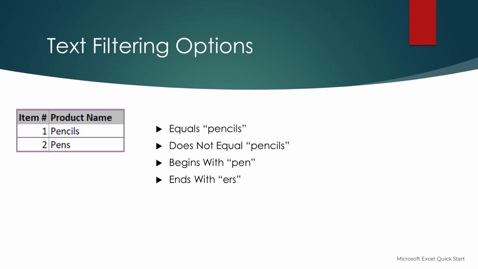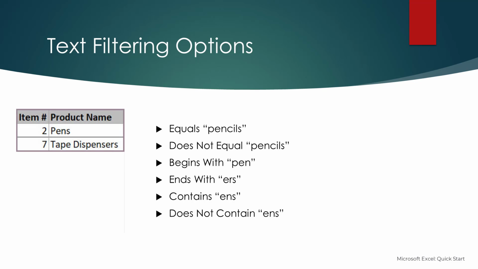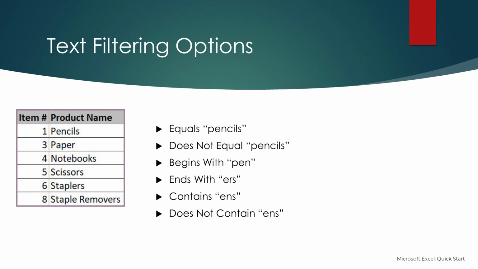Ends with ERS, which would return items 6, 7, and 8 because they all end in the characters ERS. Contains ENS, which would return item numbers 2 and 7 because they contain the characters ENS somewhere within the text. And does not contain ENS, which will return all items except items 2 and 7, because all the other items do not contain the characters ENS within their text.